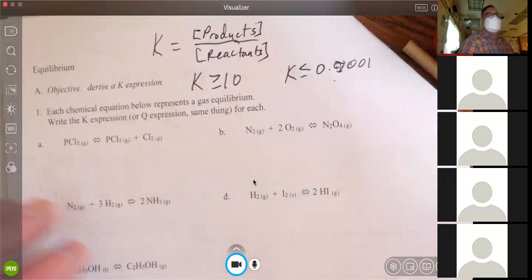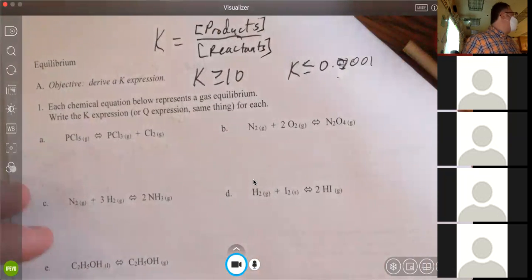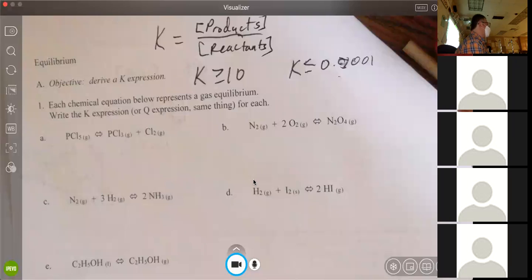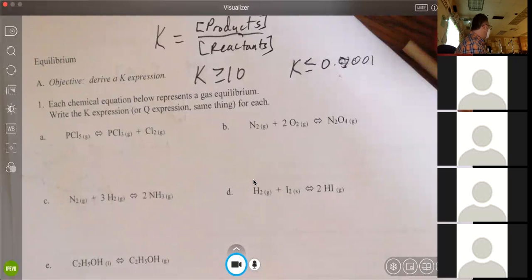Now let's see how we set it up. When we were dealing with our rate laws, we dealt with K. That's a little bit different. That's a rate constant. This is a constant of equilibrium. These are 2 different Ks. All right.